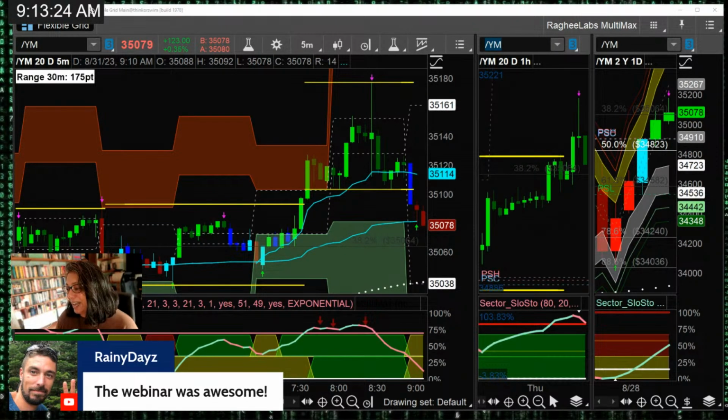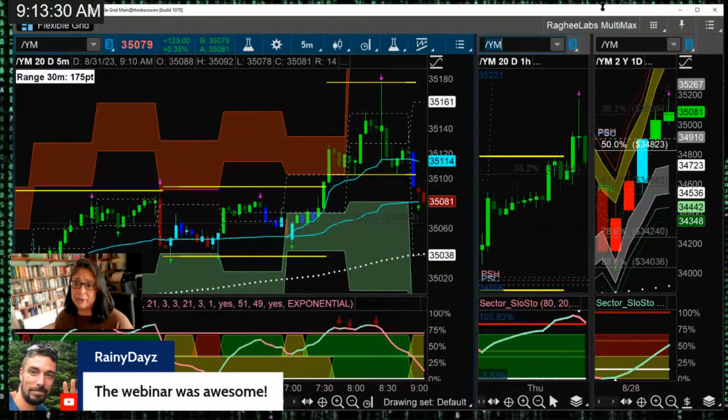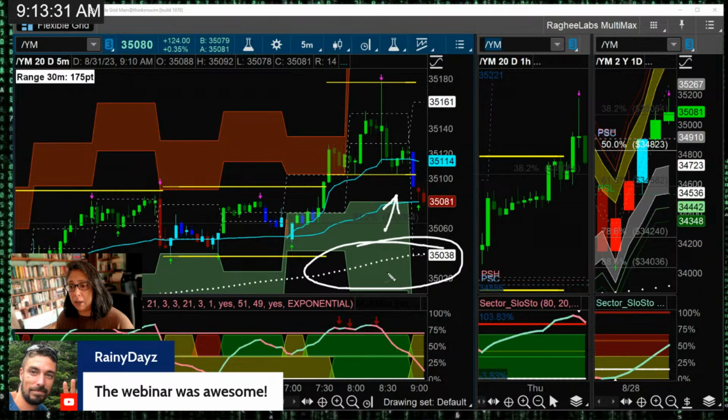All right, Zed is asking, what is the name of the white lines I use to find entry spots? So there's two sets of these white indicators. In the webinar, I talked about whether or not price is above or below the white dots, the propulsion. So like I said, we went through the sequence a lot. So if you got a lot out of the webinar, you definitely want to attend the second, and you're going to love the class. So just imagine what I'm going to brain dump on you in the class.